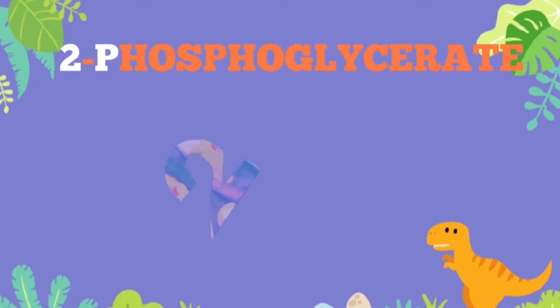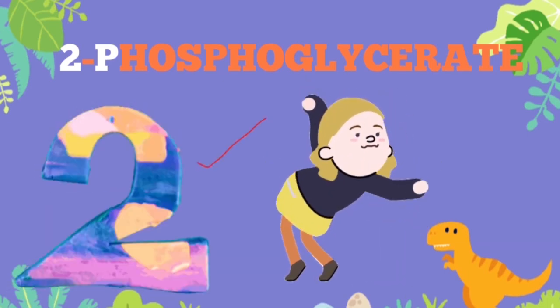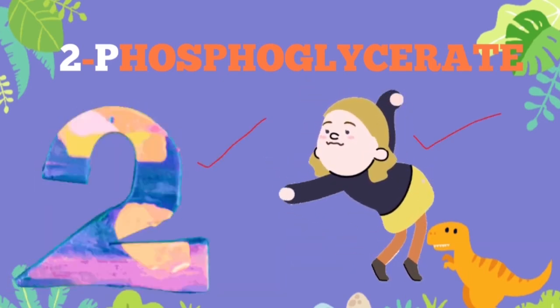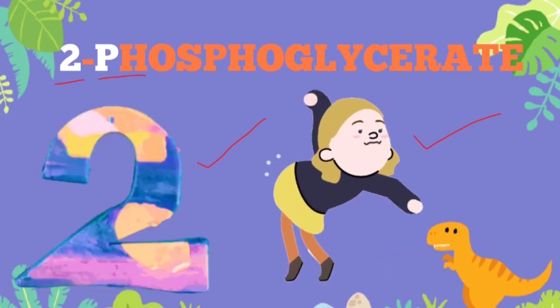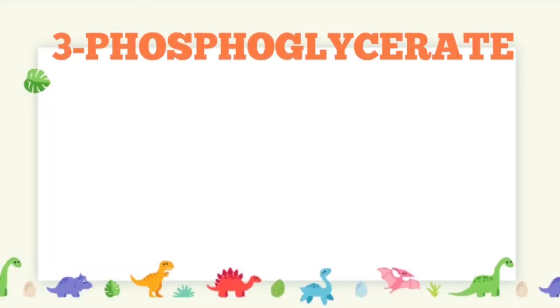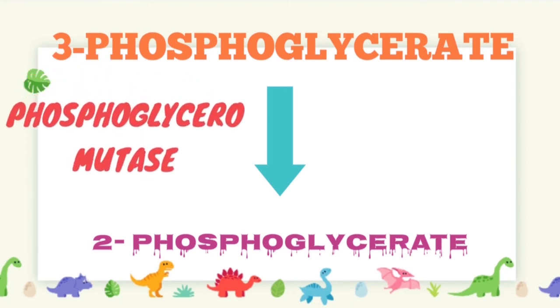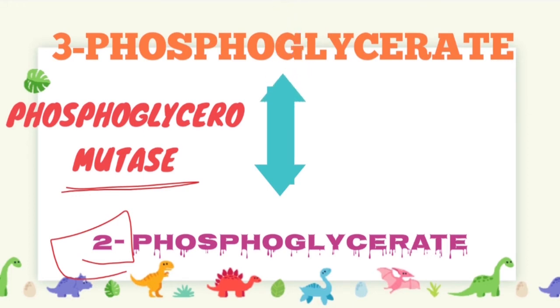Next is 2-phosphoglycerate. So she posted it in two party groups also. Three popular groups and two party groups. Okay, 2P, 2-phosphoglycerate. So let's see the reaction. That is, 3-phosphoglycerate is converted into 2-phosphoglycerate with the help of the enzyme phosphoglyceromutase. It is just changing the position from third to second. The phosphate group is changing from 3 to 2. Okay, phosphoglyceromutase.